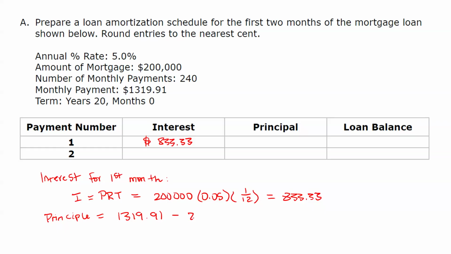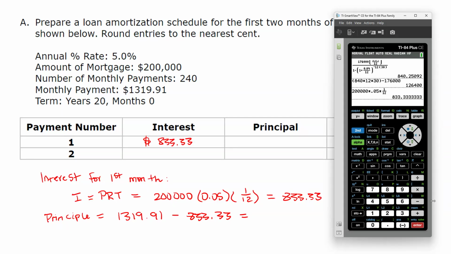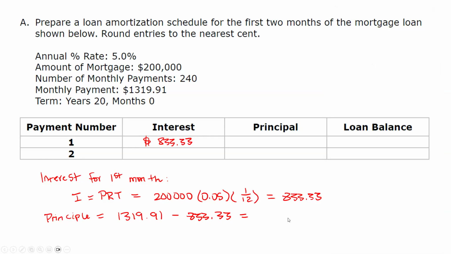So we'll subtract our interest and plug that in our calculator. 1319.91 minus 833.33. Okay, $486.58.